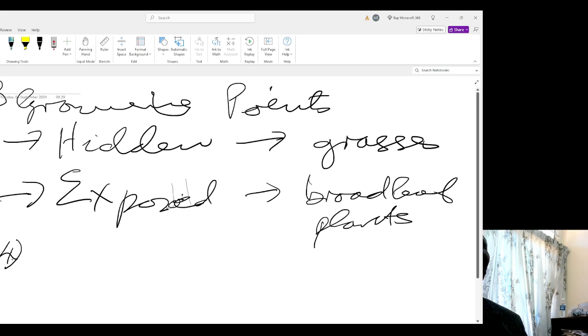Another issue which we may consider on selectivity could be the application techniques which are done by the farmers.